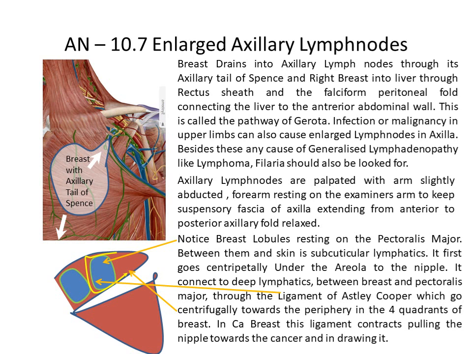And this connection is through the ligament of Astley-Cooper, which actually divides the lobules. So in cancer of the breast, the ligament of Astley-Cooper contracts, pulling the nipple towards the cancer and causing indrawing of the nipple. This applied importance is also asked with this lymphatic drainage.